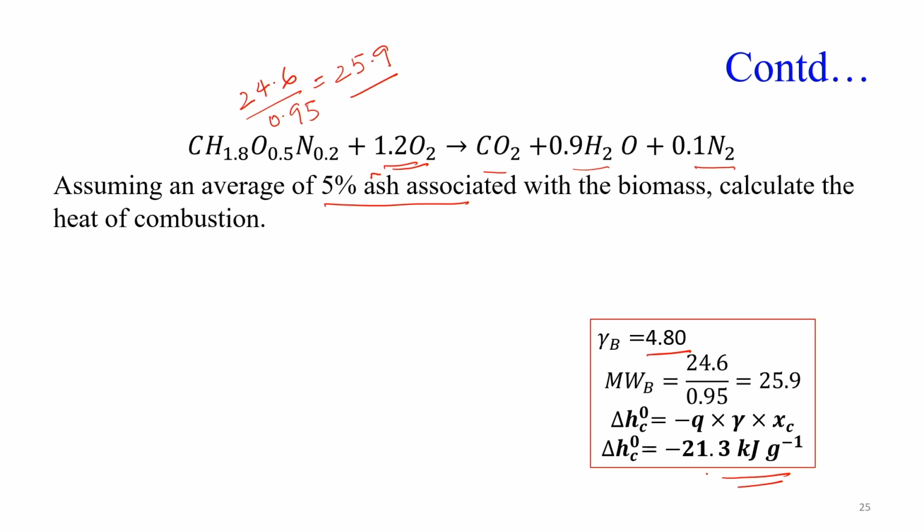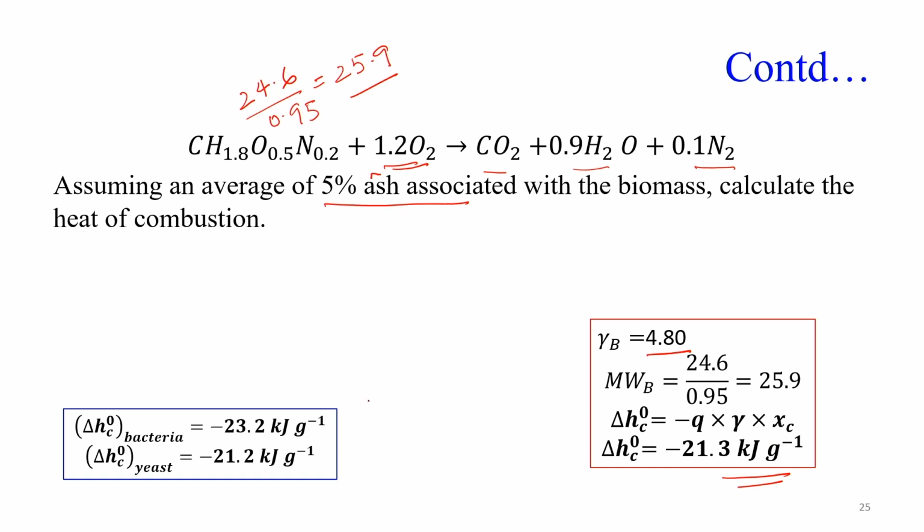So, we are getting the value of minus 21.3 kilojoule per gram, and this matches very much with the typical value for bacteria, that is 23.2 kilojoule per gram, and for yeast this is 21.2 kilojoule per gram. So, these are the typical values. Even if you only know whether your biomass is bacteria or yeast, one should be able to directly use this typical value of heat of combustion.